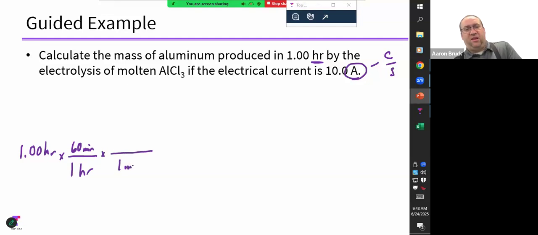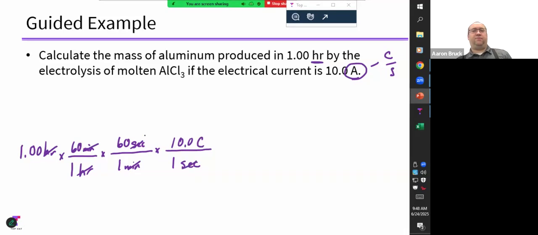I know that each minute contains 60 seconds. Okay, my hours have canceled, my minutes have canceled. I've got seconds. I know that with this definition of amps, every second I'm going to get 10.0 coulombs. So my seconds cancel out as well.